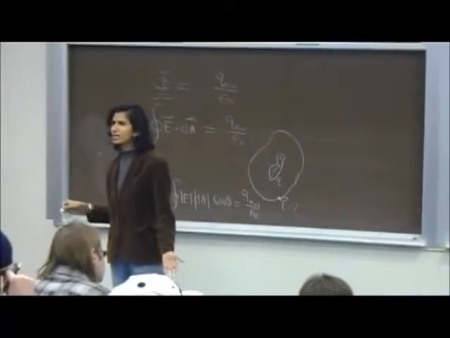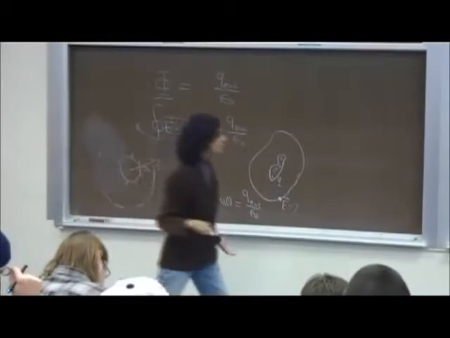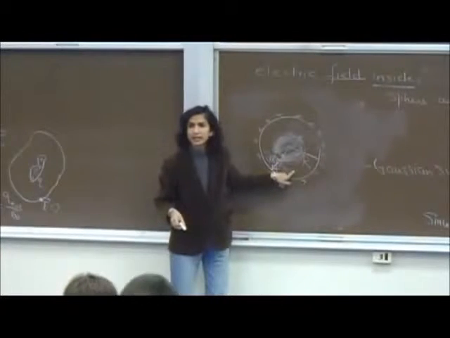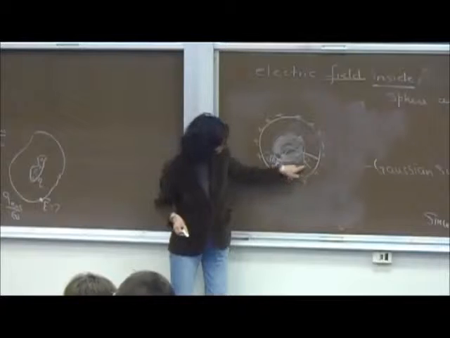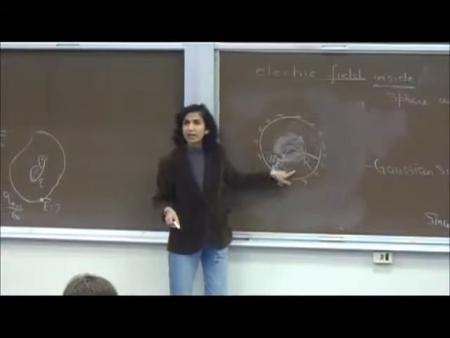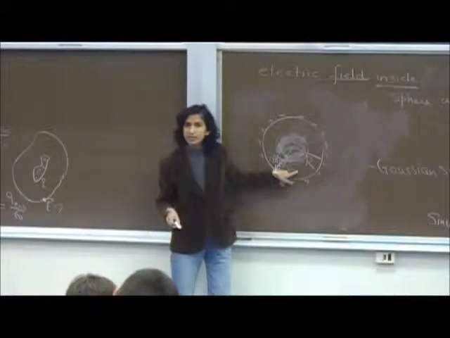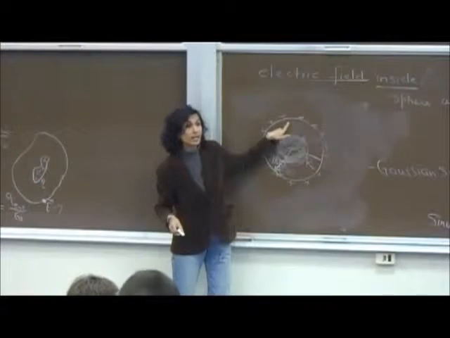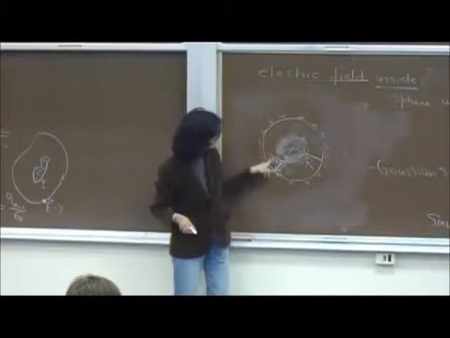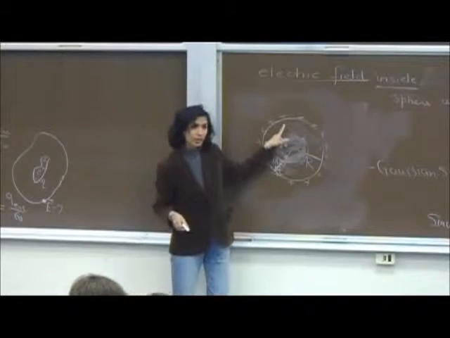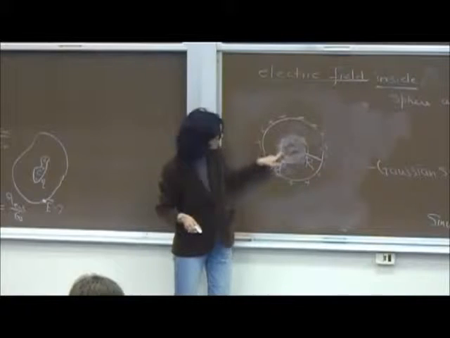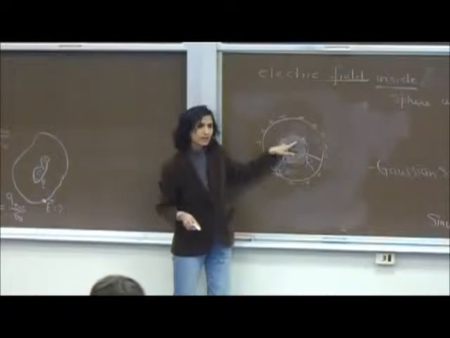So what conclusion have we come to? Could we have chosen this point to be anywhere, not just here? We could have chosen it to be here. If we chose this point to be here, we would have drawn a Gaussian sphere here. But again, do you see Q enclosed would have been 0? If you had asked me for the electric field here, I could have chosen a Gaussian sphere passing through that point, right?